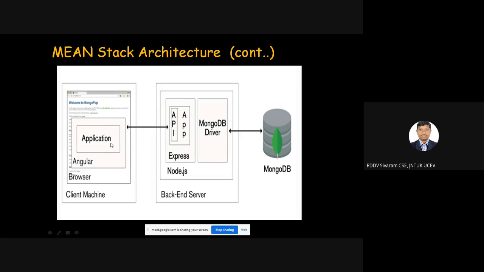In order to avoid that, Angular comes with something called SPA, single page application. In a single page application, whenever you request a particular page, the entire website, if it is a single page application coded in Angular, is sent to the browser.